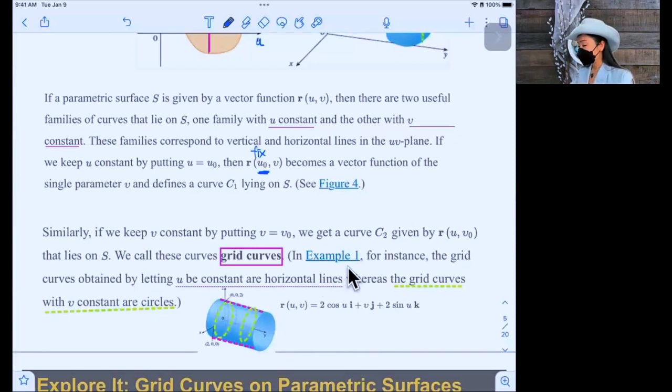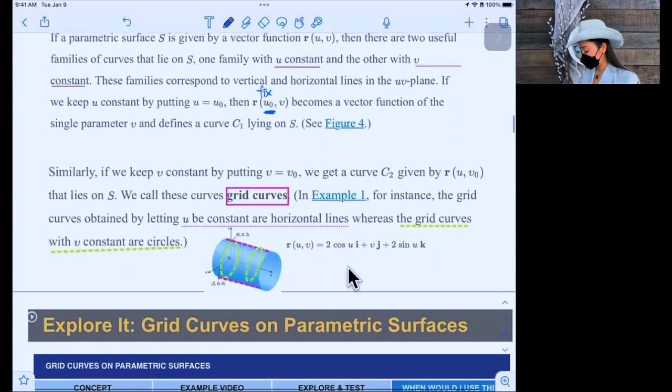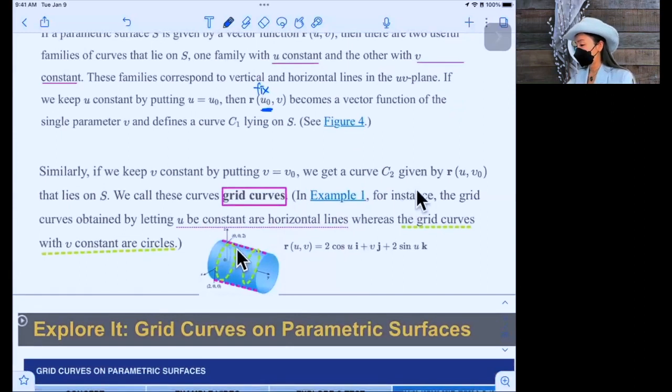So for example, in our first example, we had those grid curves, right? If we fix the u and let the v vary, you're going to get this horizontal line over here.